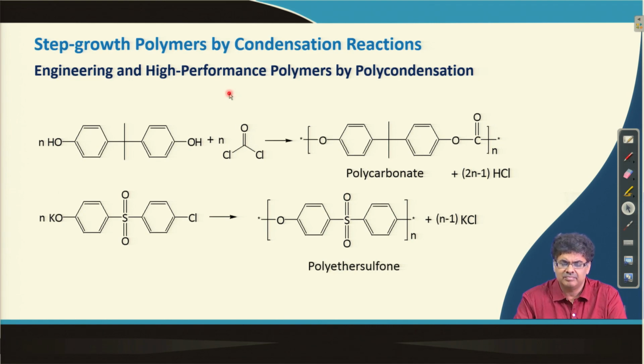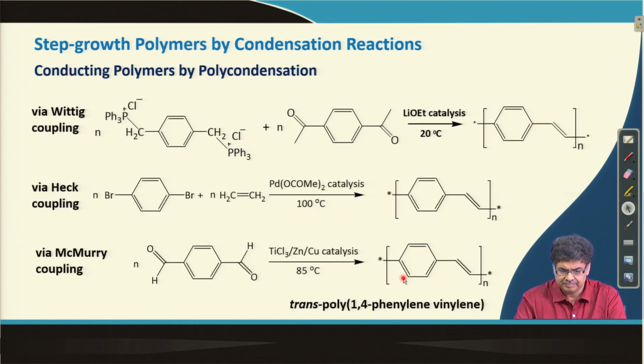We can also use step growth polymerization for making high engineering or high performance polymers, like the one shown here, polycarbonate, synthesized from bisphenol A with phosgene, or for example, we can also synthesize polyether sulfone. Some organic coupling reactions can also be used to synthesize trans poly 1,4-phenylene.